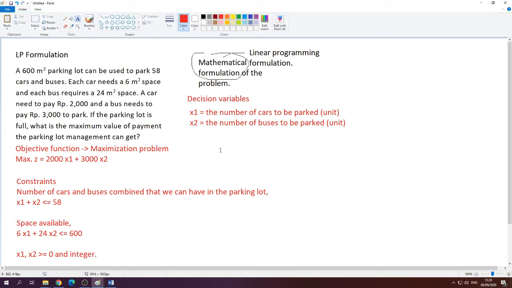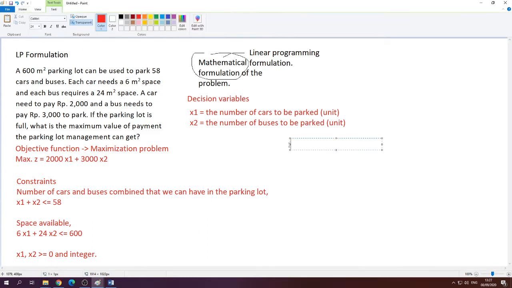So I think this is it, the linear programming formulation for the problem. If I summarize all the functions that we have, our objective function is max z equals 2000 x1 plus 3000 x2. And remember, for the constraints you need to put subject to, but I will just put st. So st stands for subject to.